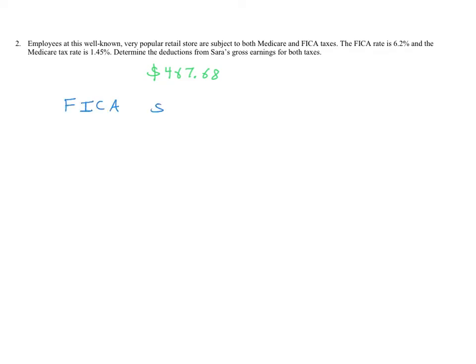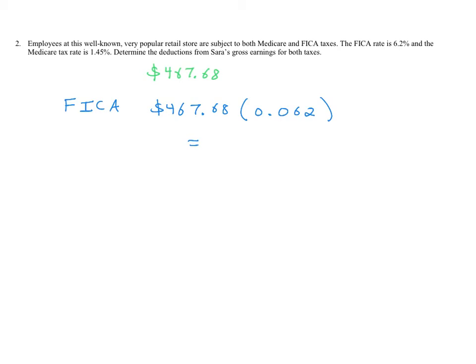Let's start with FICA. We'll take $467.68 and multiply that by 0.062. We have to convert that percentage to a decimal. Again, I'm going to do this in my calculator, and I have to round to the nearest cent.